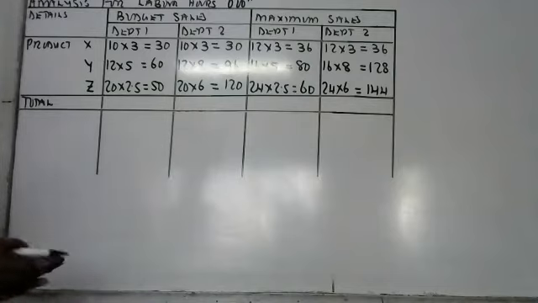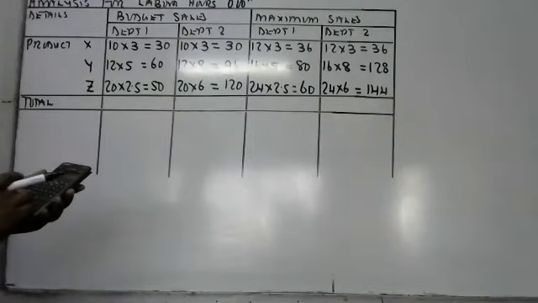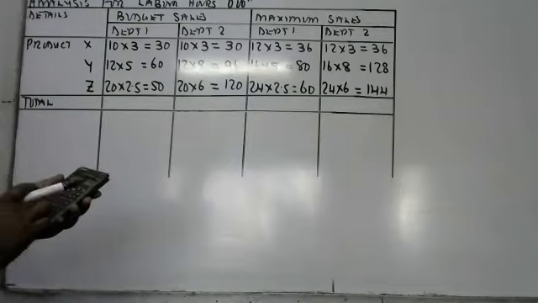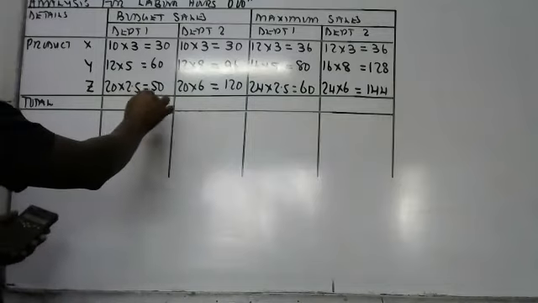Ukichukua calculator hii ya kwanza utasema ni 30 plus 60 plus 50, you get 140.